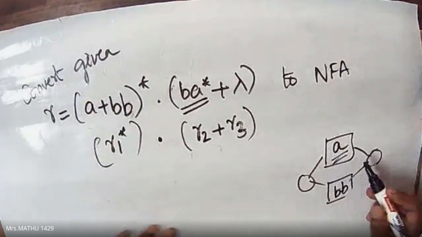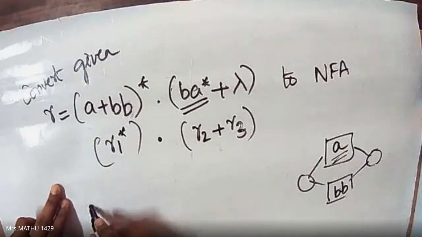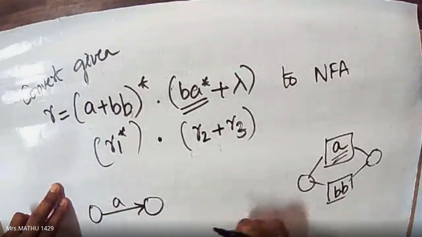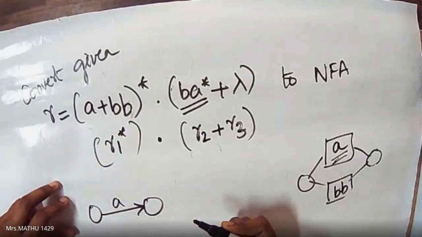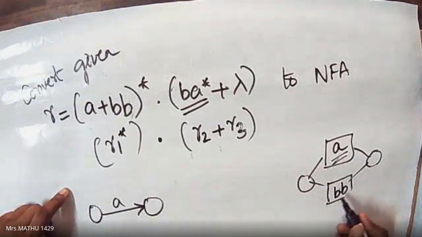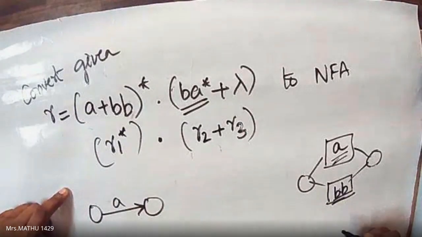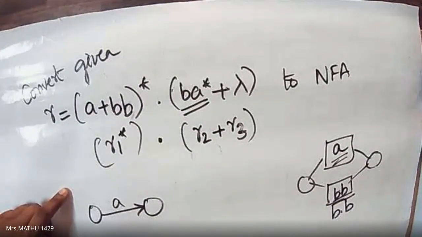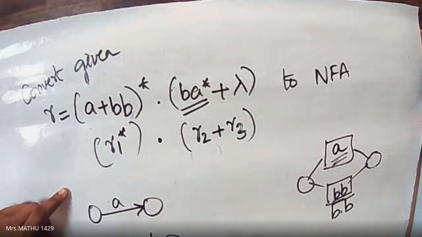For constructing A, you will have a separate NFA. And for BB, it is again a concatenation, B into B, so you will have B followed by another B.